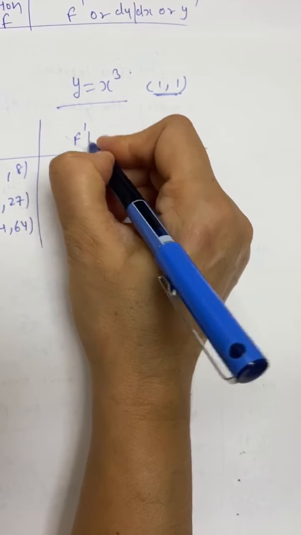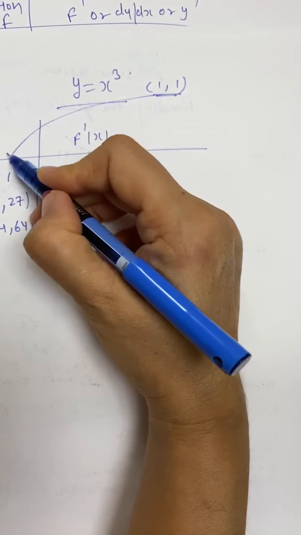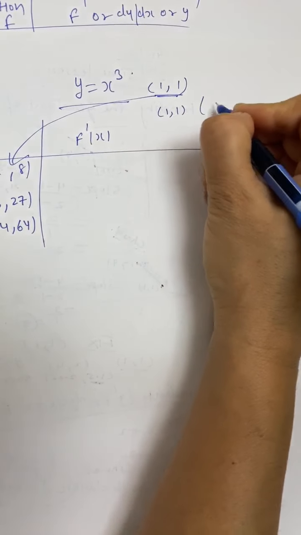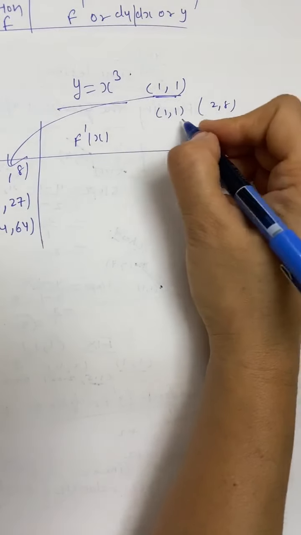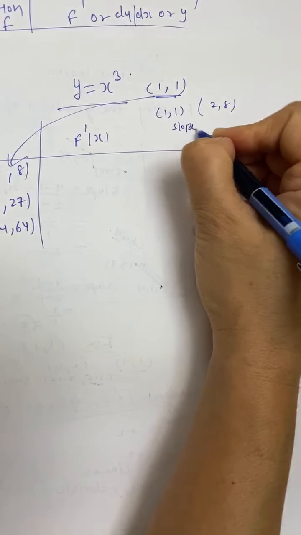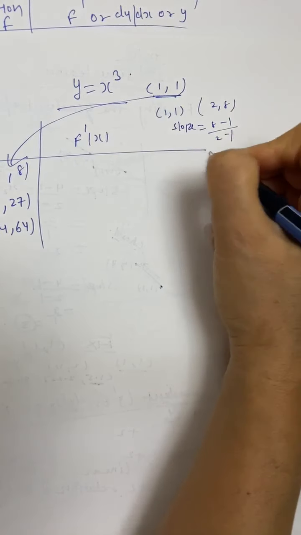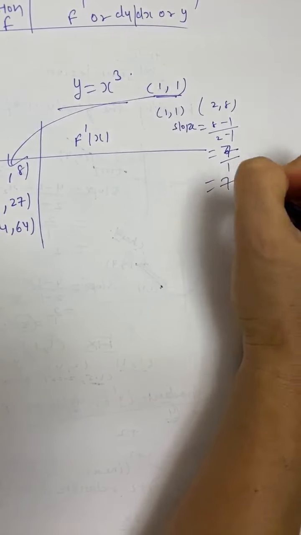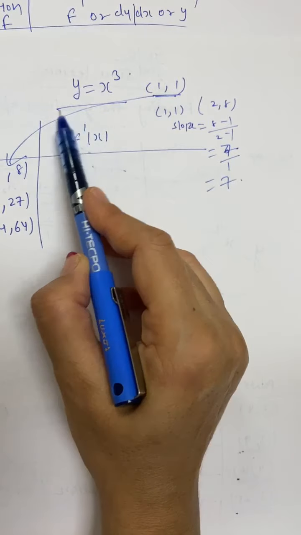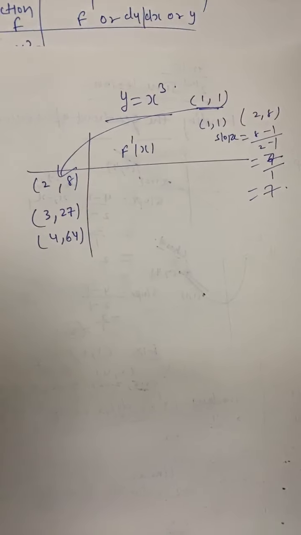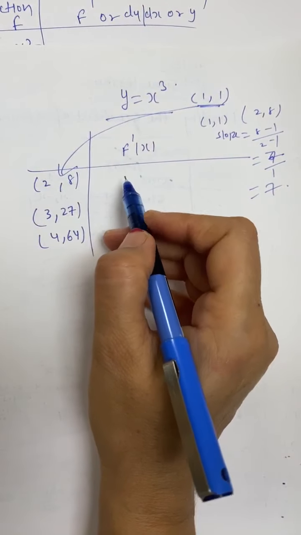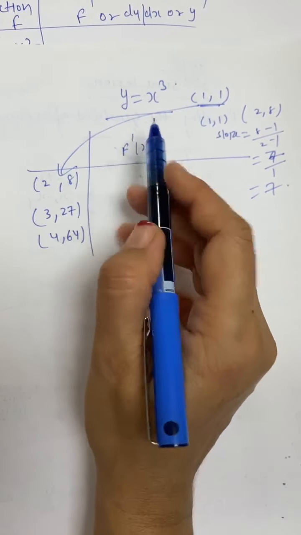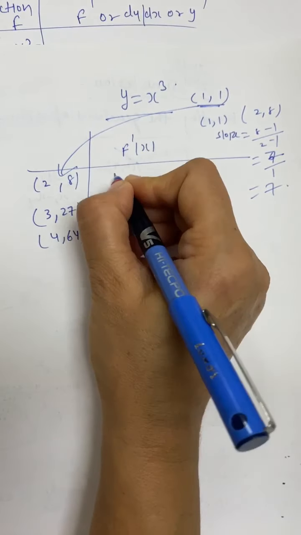And then we notice here, when you move 1 1 towards 2 comma 8, first let's start with the slope of a chord. The slope in this case is going to be 8 minus 1 over 2 minus 1, which is 7 over 1, which is 7. And when you move this point closer to 2 comma 8, the gradient is going to be 12 here.